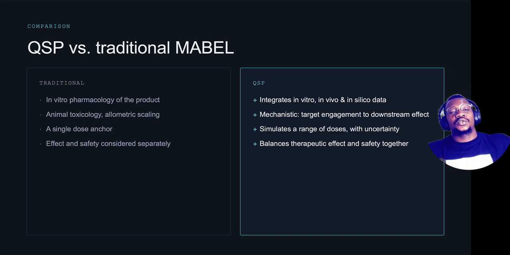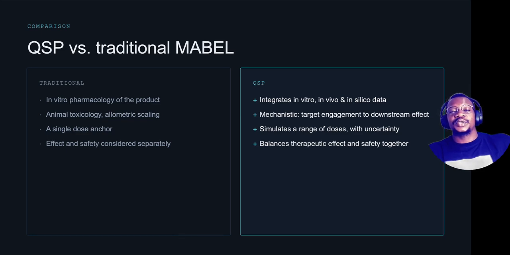We are dependent on a single dose anchor, and the effect and safety of the molecule or the drug are considered separately. Then with QSP, you have the integration of in vitro, in vivo, and in silico data. You have target engagement to downstream effect. It's kind of mechanistic. You have a simulation of a range of doses with uncertainty.